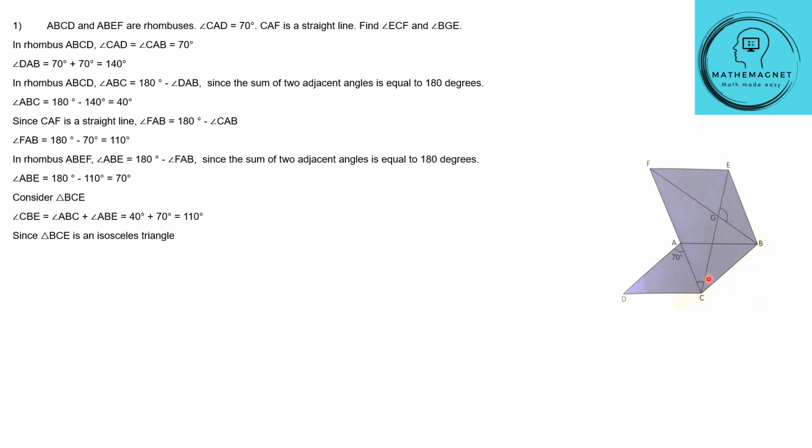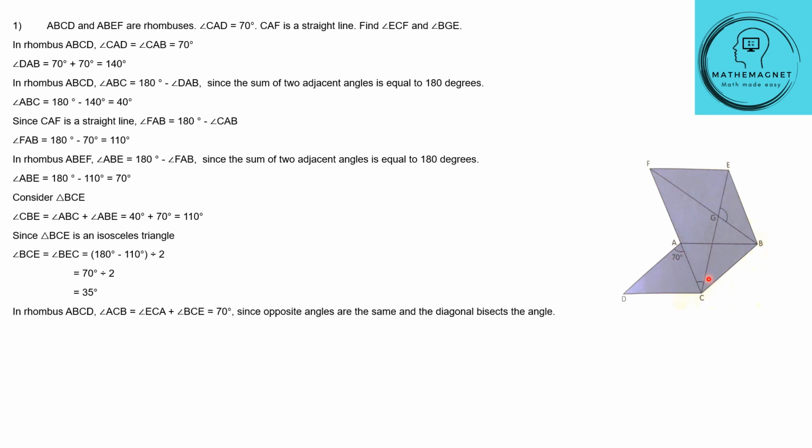We know the third angle CBE is 110, so the other two angles are (180 minus 110) divided by 2. So angle BCE is equal to angle BEC, which is 70 divided by 2, which is equal to 35 degrees. Now we know all three angles in this triangle.